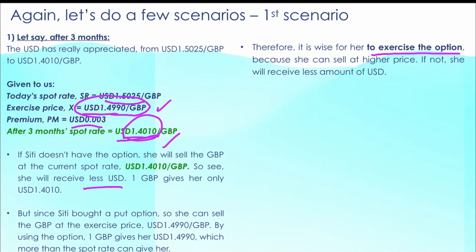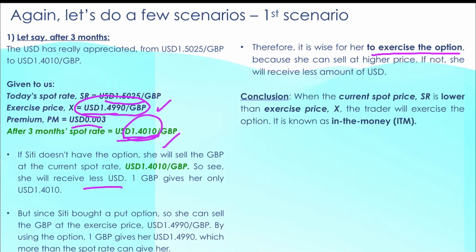If not, she will receive less USD. As a conclusion, when the current spot price is lower than the exercise price, the trader will exercise the option. It is known as in the money. When spot price is less than exercise price, it is ITM.